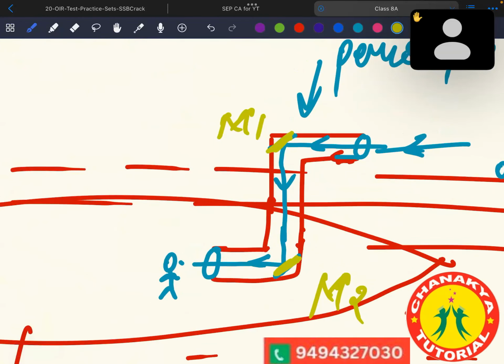Sir, multiple reflection means maybe there are two or more mirrors opposite to each other, or aligned with each other in a way. You yourself told me two or more mirrors.